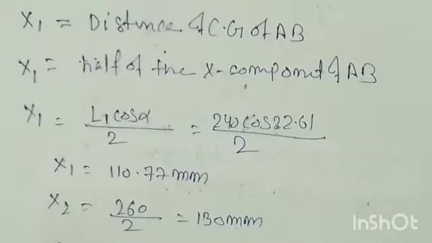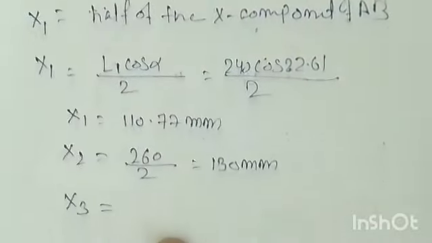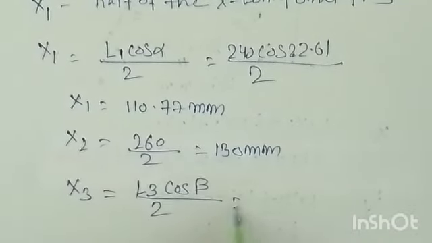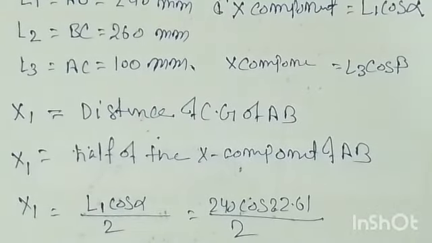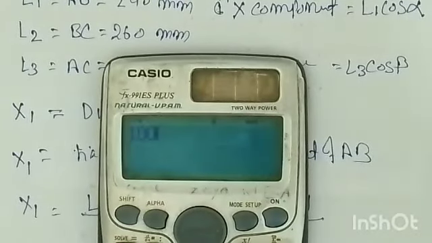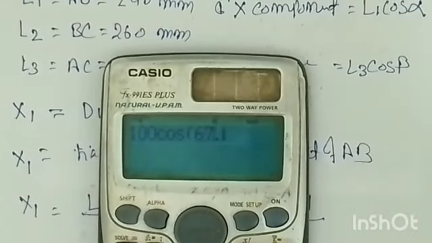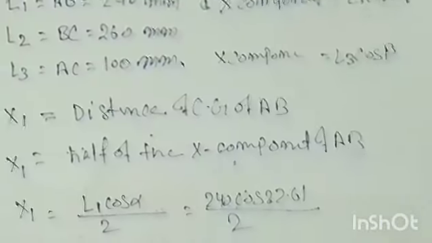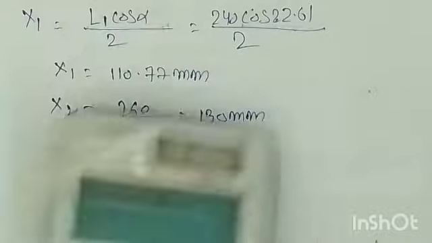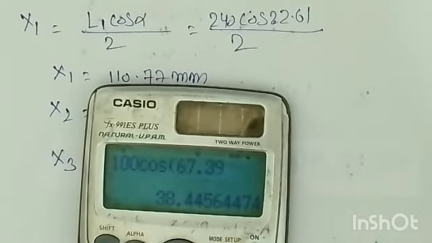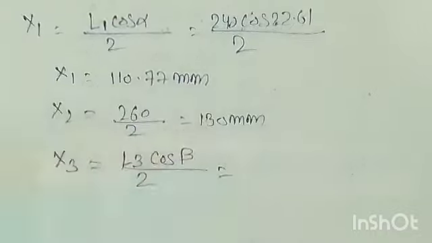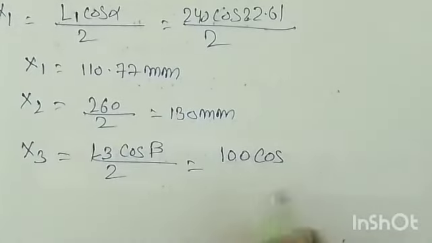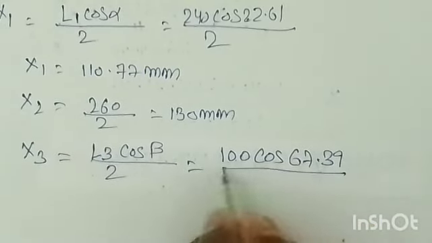And x3 is equal to L3 cos beta by 2, right? L3 is 100, so 100 cos 67.39 by 2.